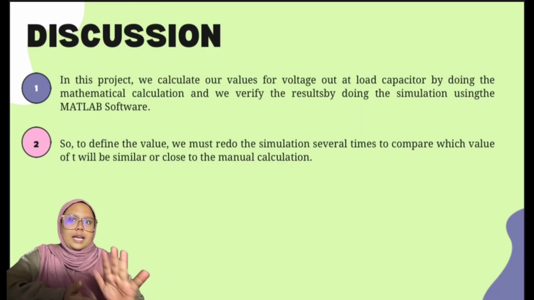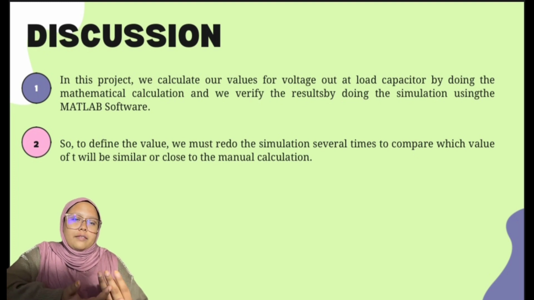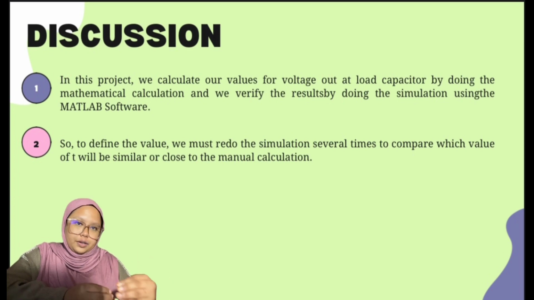The discussion for this project is that we have calculated the value using manual calculation, and we have also simulated the circuit, and we got a similar value which is close to the manual calculation. So we can assume that both equations tally and are correct.